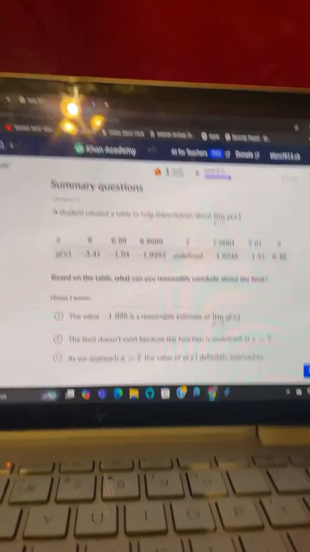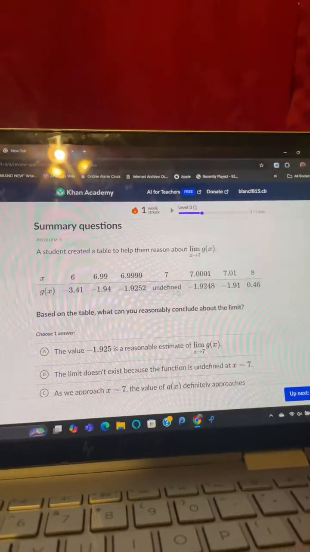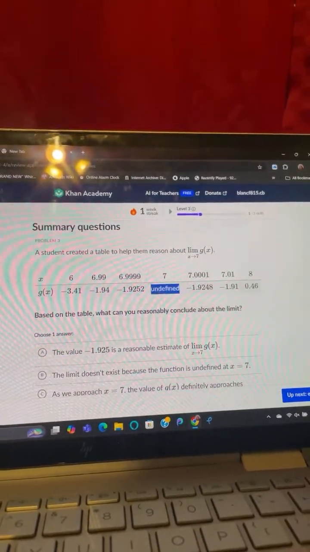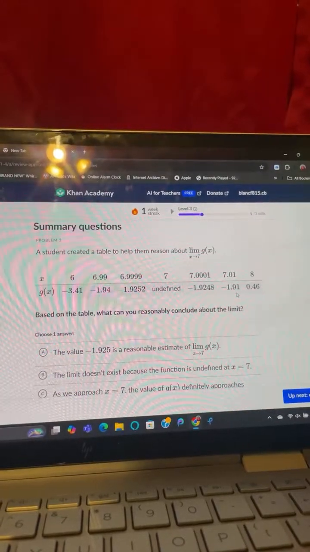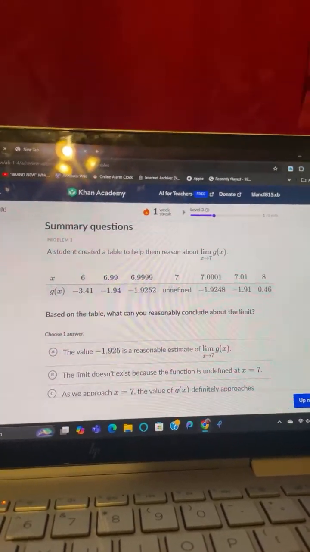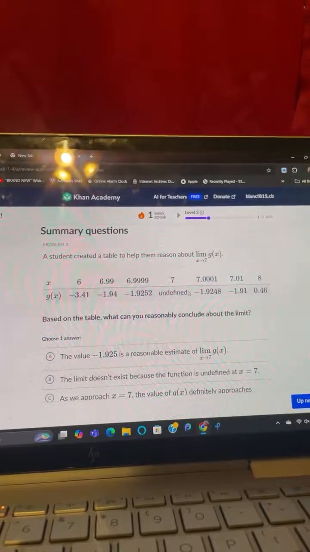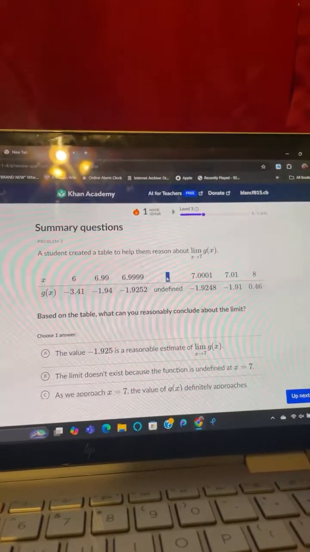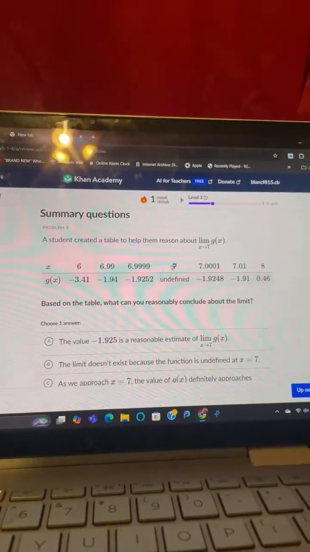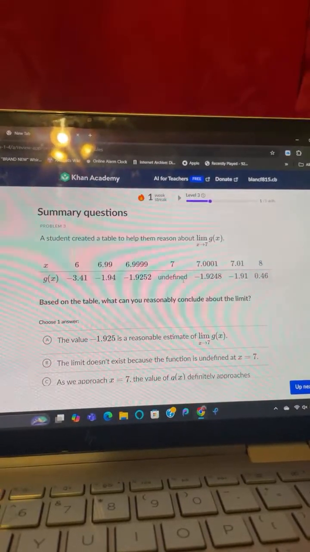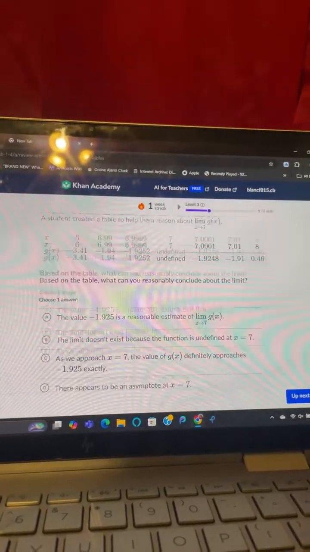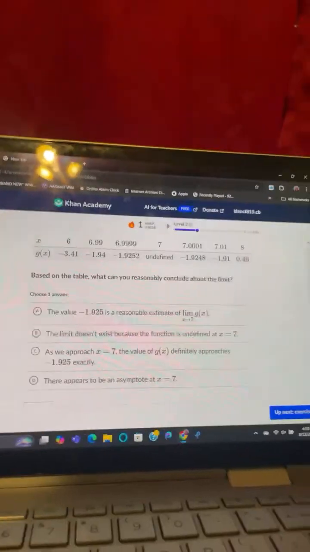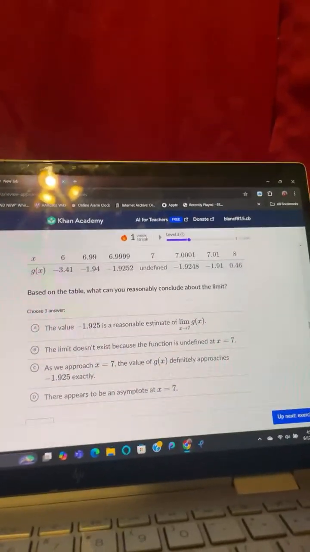Okay, we can see already that 7 is undefined. But it doesn't mean that the limit does not exist, it just means that the real value has not been defined there, or some constraint has caused it to be undefined.